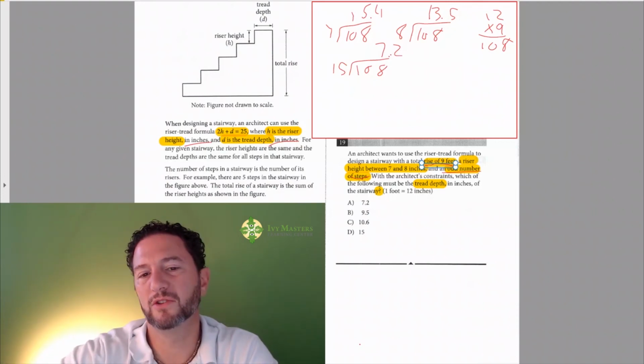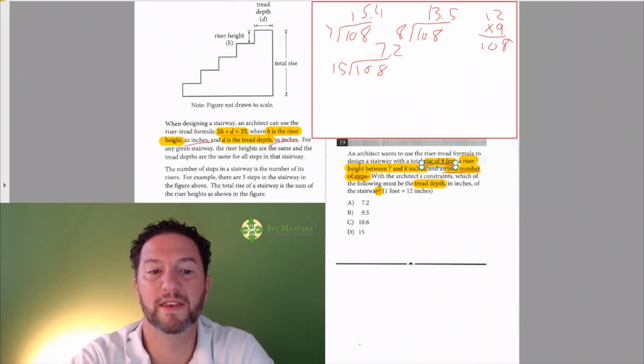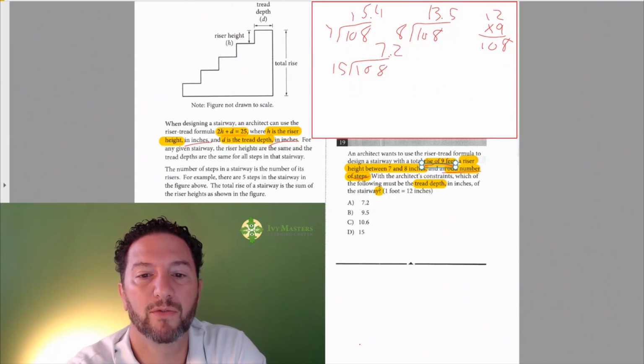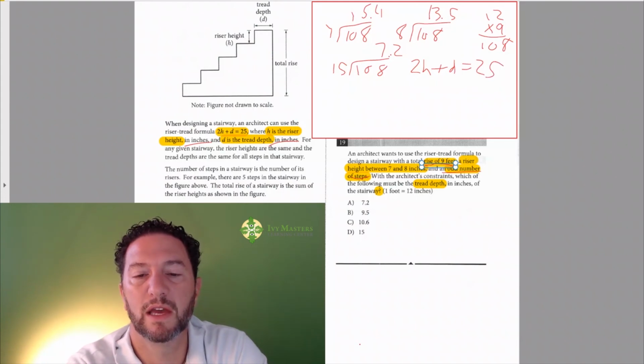So how am I going to use that in order to find the tread depth? Well, I've got my formula over here: 2h plus d equals 25. And since that's the actual height of each step, it's going to be 2 times 7.2 plus d equals 25.